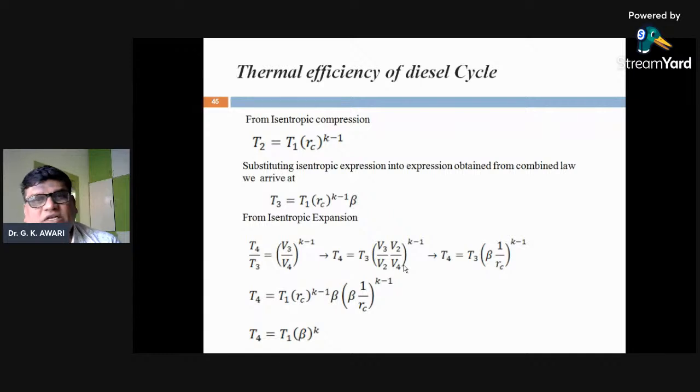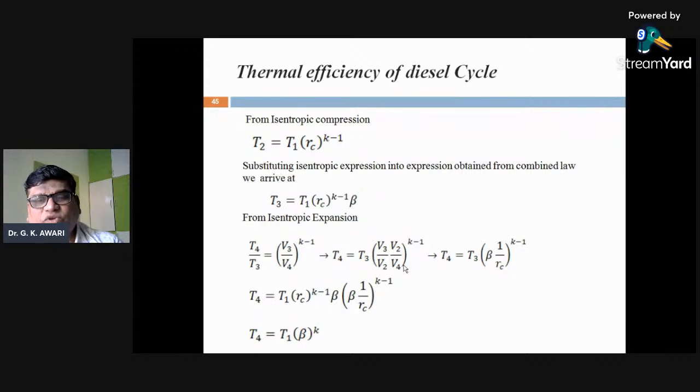So substituting the isentropic expression into the expression obtained from the combined gas law, we arrive at an equation, that is T3 is equal to T1 RC to the power of gamma minus 1 into beta. And from the isentropic expansion equation, T4 by T3 is equal to (V3 by V4) to the power of gamma minus 1.